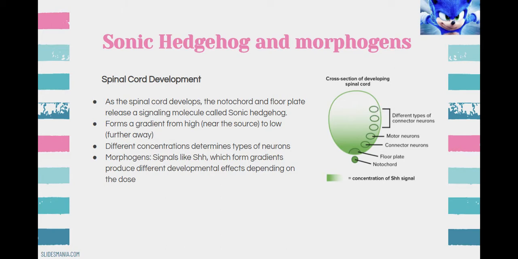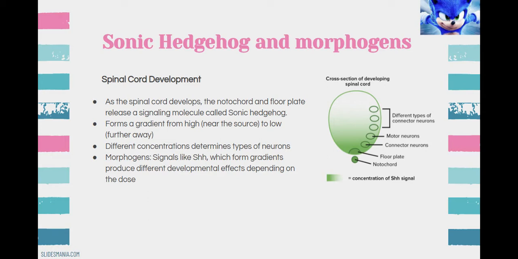And the different concentrations determine the types of neurons that are going to develop from that part of the spinal cord. It's really quite complex. It's not totally fully understood, but it's pretty amazing how this happens.